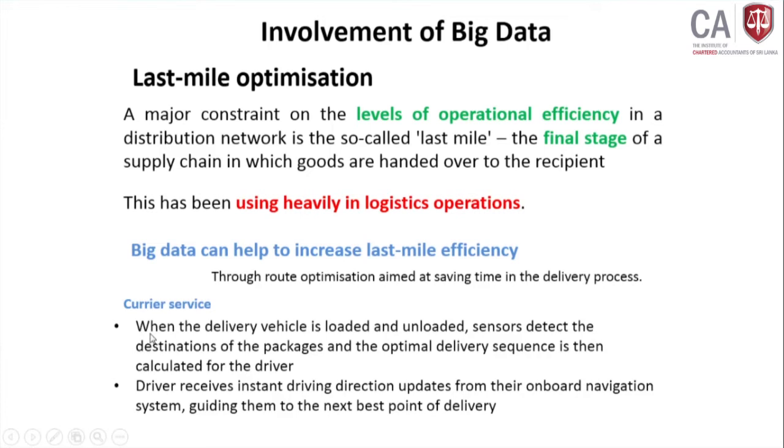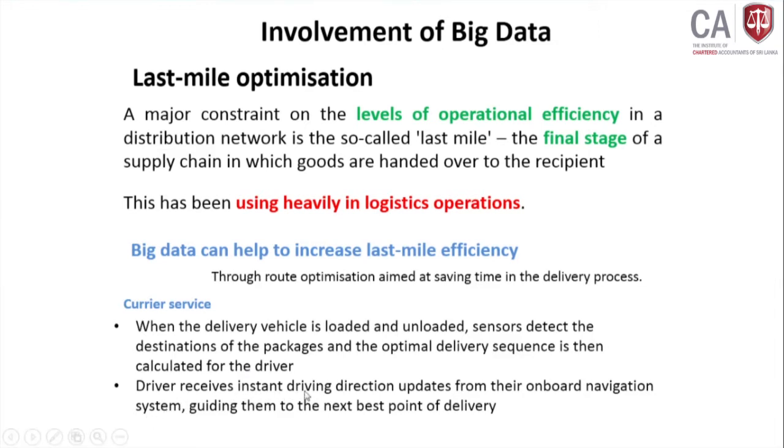So in a courier service, when the delivery vehicle is loaded and unloaded, sensors detect the destination of the package, and the optimal delivery sequence is then calculated for the driver. So they will tell the driver, okay, within 1 hour's time you have to deliver, within 1 day's time you have to deliver. This is how the information is given. By scanning the label, they can identify the information that is required for delivery.